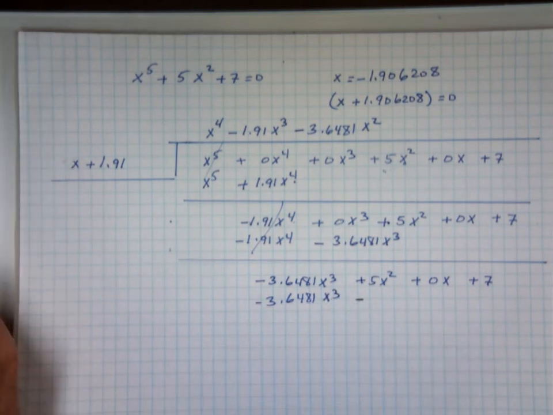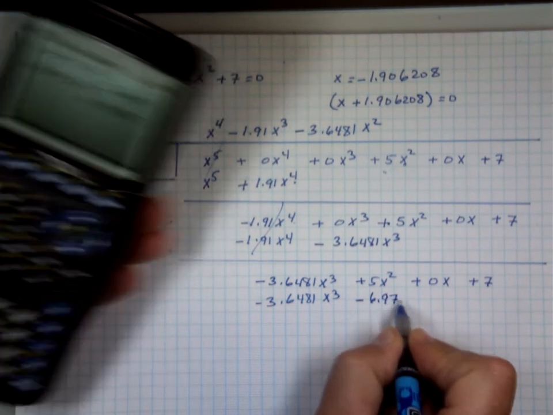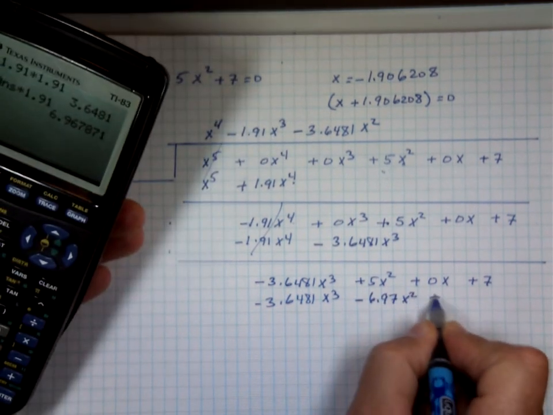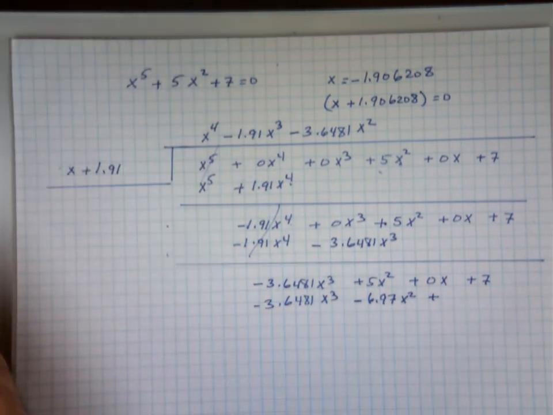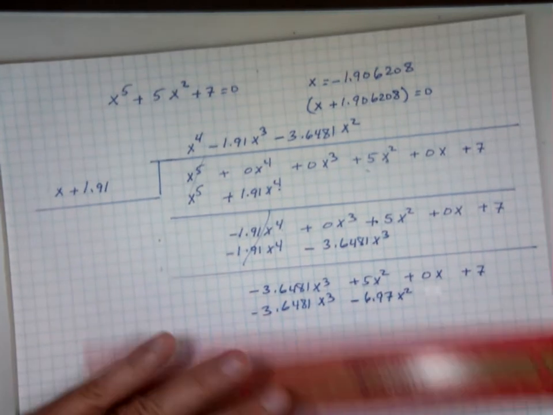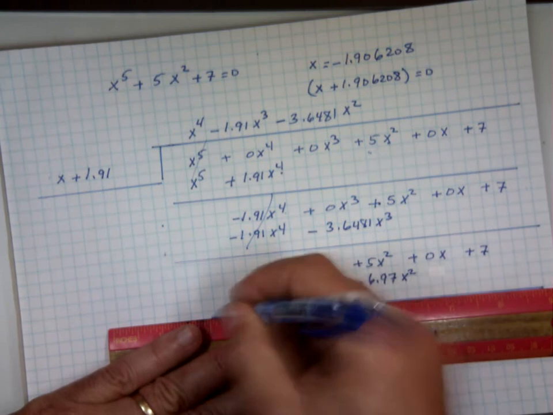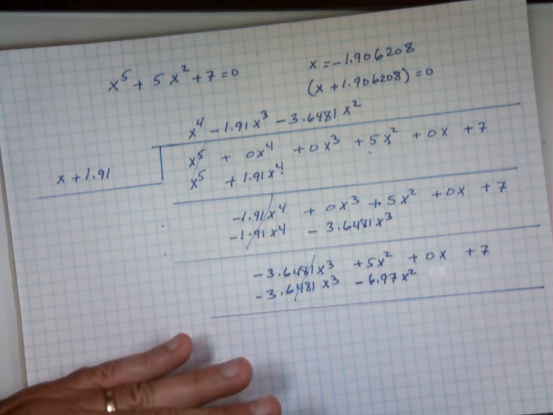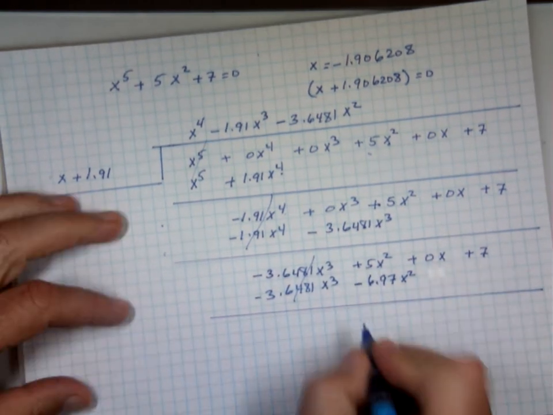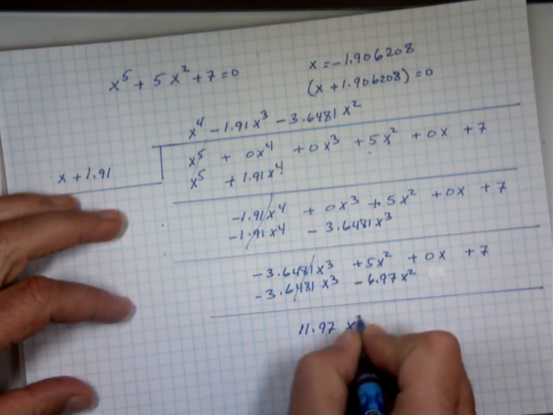Times 1.91. 6.97 x squared. Now subtract them again. When you subtract, this is gone. What's 5 minus a minus? That's plus 11.97 x squared plus 0x plus 7.